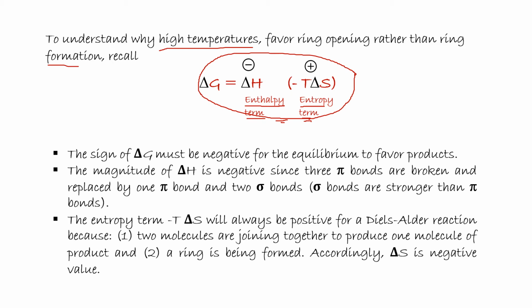The sign of delta G must be negative for equilibrium to favor product.